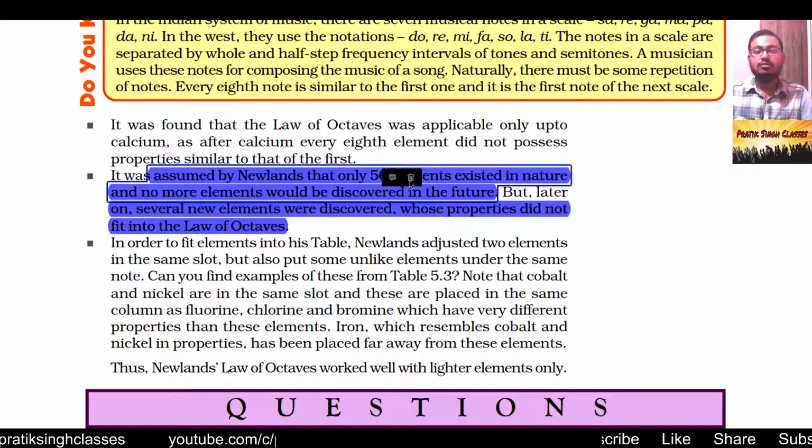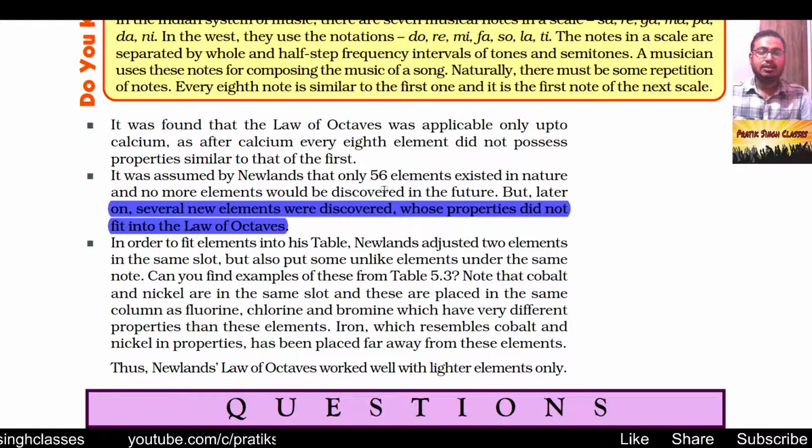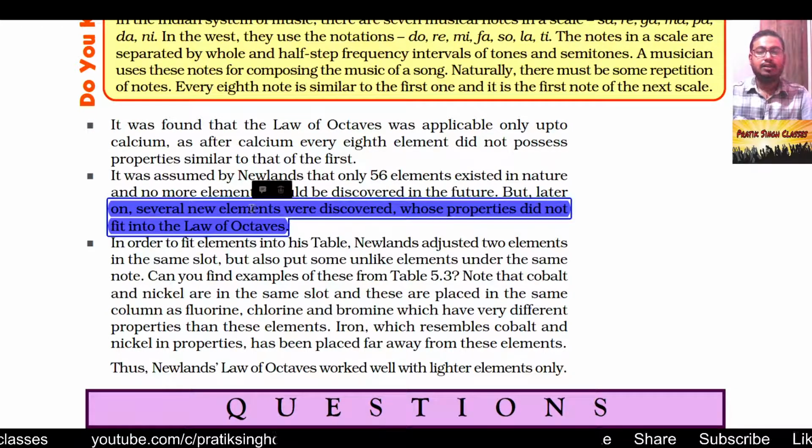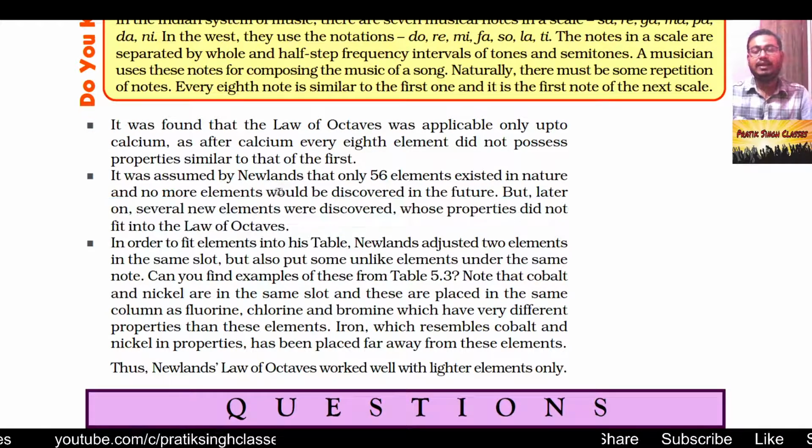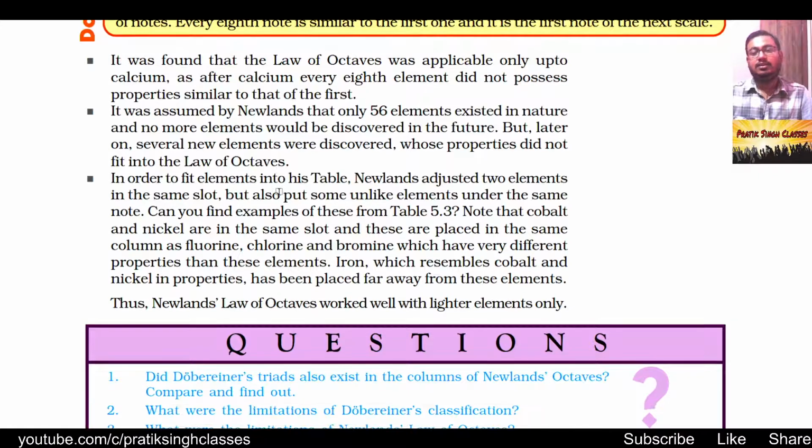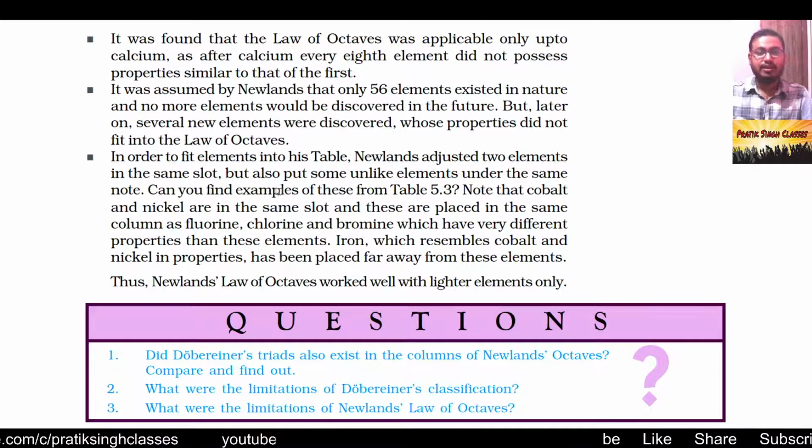So Newland's law of octaves came to an end and was rejected, and scientists found out something new so that the new elements found after number 56 could be arranged.